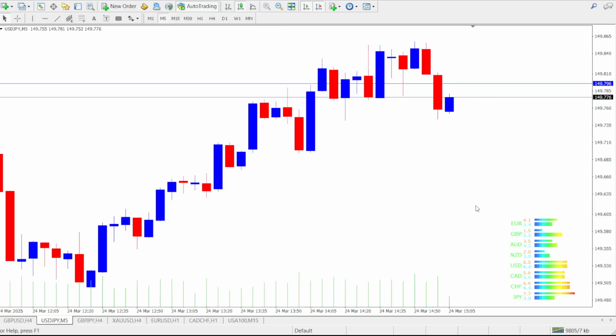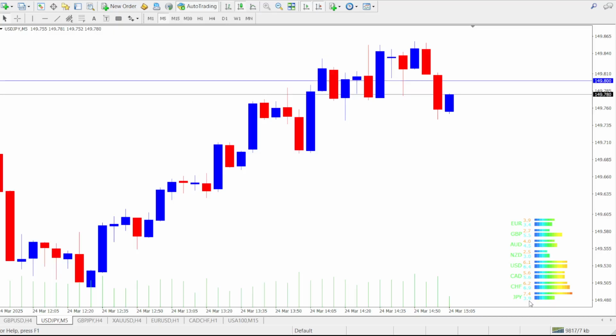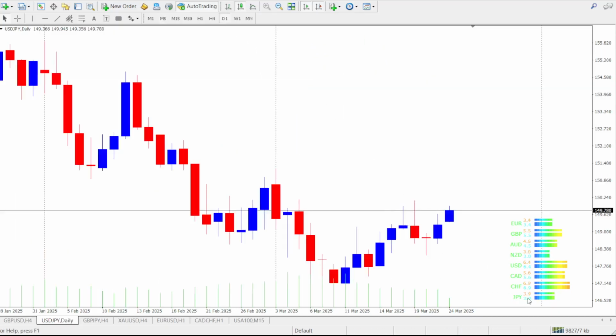For example, for the Japanese yen, currently on the 5-minute chart, the strength is showing 7.4. It was 7.7, now it changed to 7.4, and the daily strength is showing 3.9. If we go to the daily time frame, you're going to see that this has also modified to 3.9 because we are on the daily time frame.